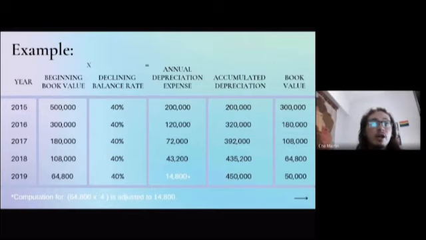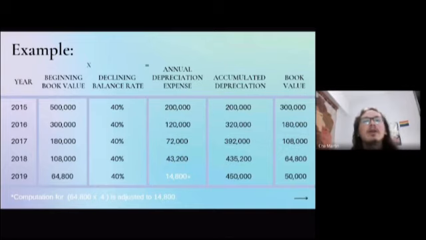For the next year, we'll have the beginning book value, which is from the end of last year, 2015, at 300,000. With the same declining balance rate of 40%, we multiply it to get 120,000, and then the 120,000 plus 200,000, which is our accumulated depreciation for 2016, is going to be 320,000, and then our book value would be 180,000.